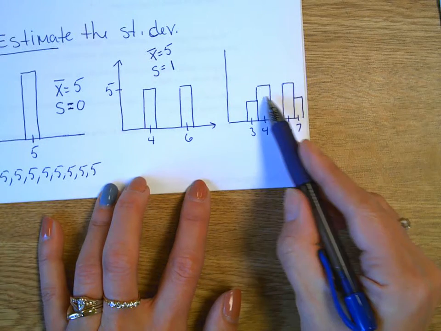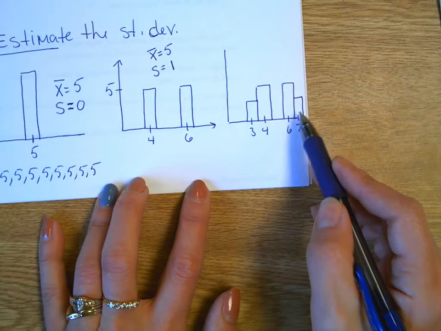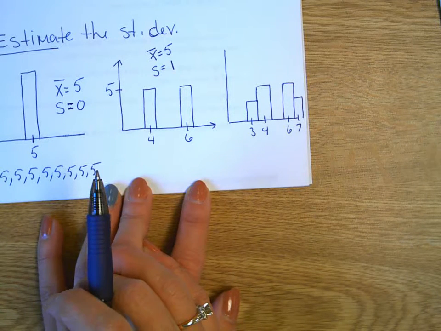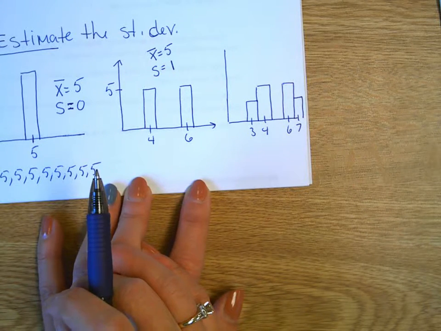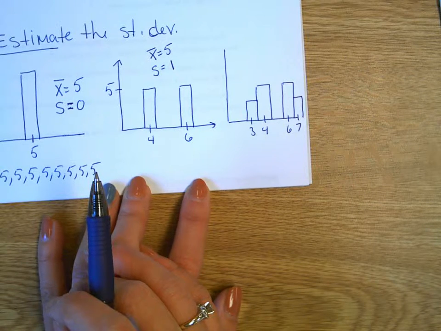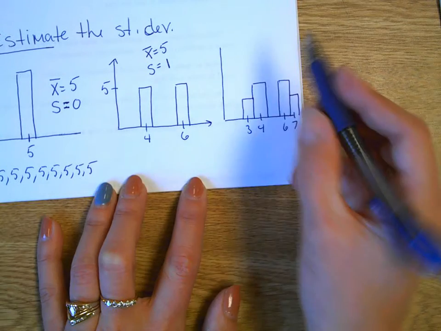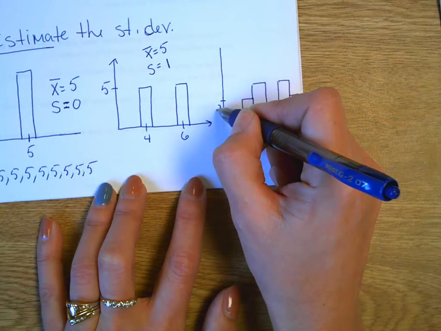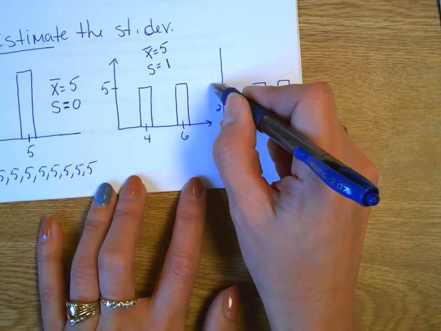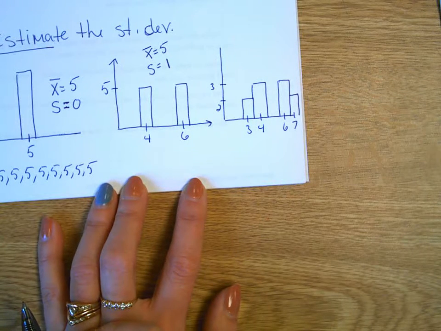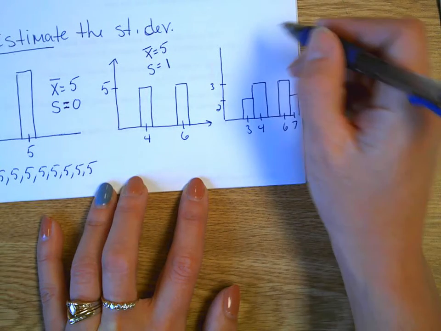It's just that I have the same number of 4s as 6s, and the same number of 3s as 7s. Put 5 and 10 to make it easy, or 1 and 2. Or 4. It doesn't even matter. Okay, what's my average? 5.